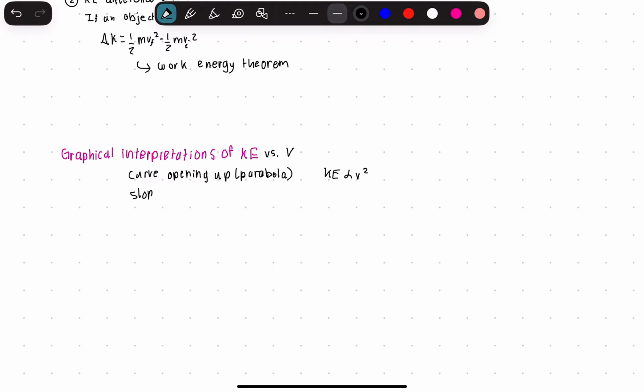And we also know that the slope increases as the velocity increases. This is just a description of the kinetic energy: it grows faster at high speeds.